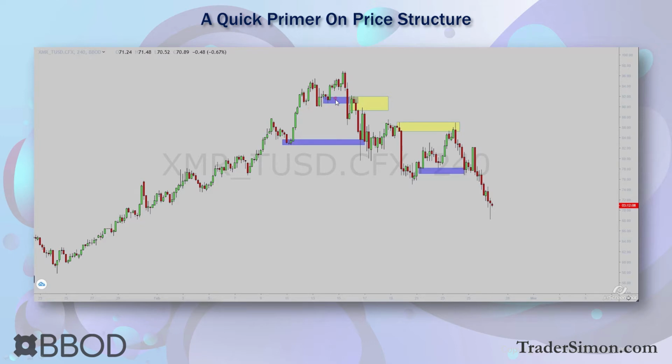So if this demand zone has failed, it gives me a heads up that we could be bearish. This demand zone fails, it confirms to me again that we're bearish, and the same here. And it tells me that I should be looking at supply zones and selling supply zones. So basically, that's why I color these zones in blue. If you've ever seen blue zones on my charts on Twitter, that is the reason.